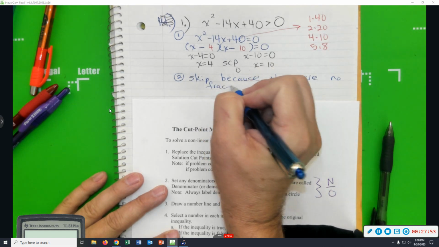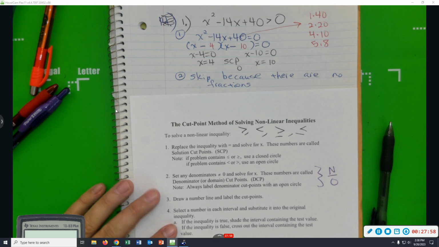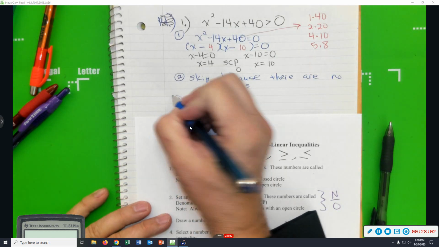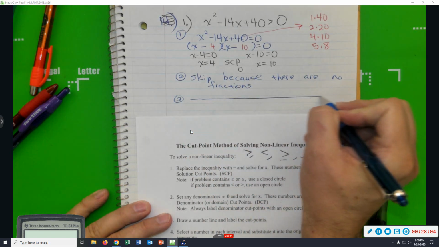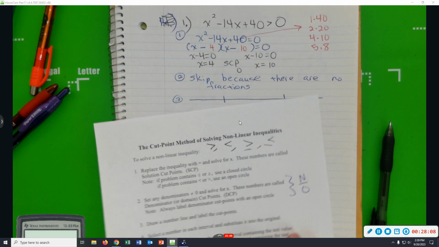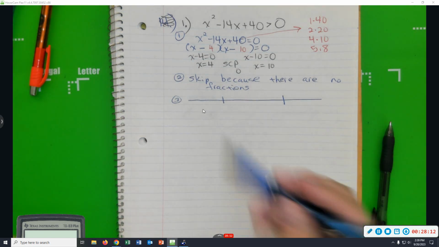There are no denominators to ever equal 0. Third step, we draw a number line. Let's see, which one are we going to write first? Remember, it has to go small to big.